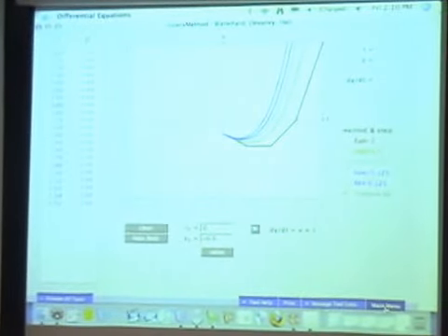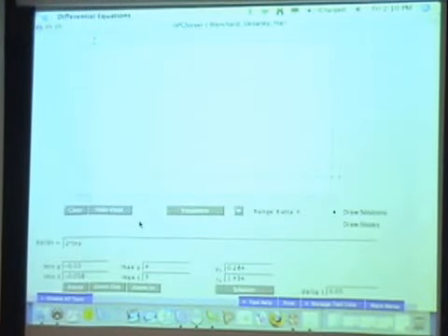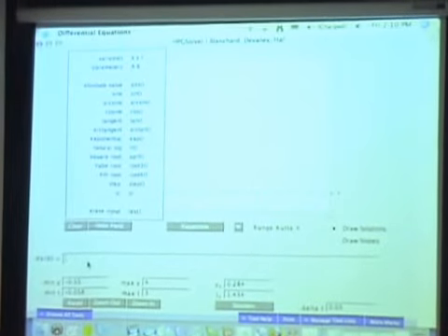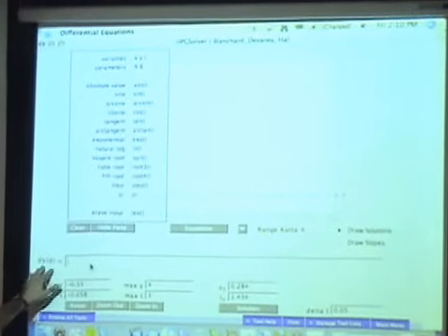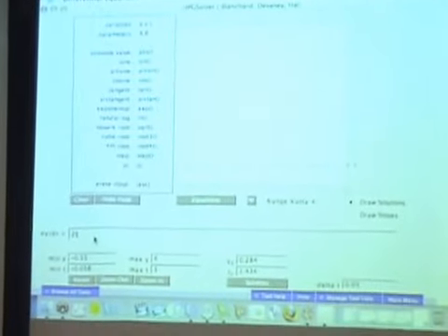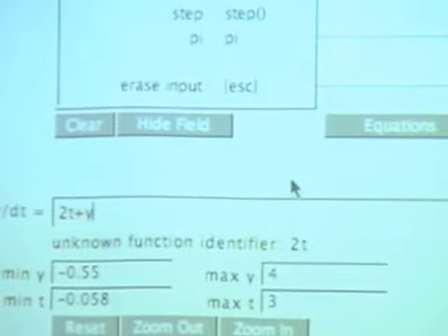I'm going to go back to the main menu and go to HPG Solver, which I have looked at before in the video for the slope fields. I need to type my differential equation down here. dy dt equals 2t plus y. If you just type 2t plus y in this program, it doesn't quite like it. It's not quite as flexible as Mathematica that way.